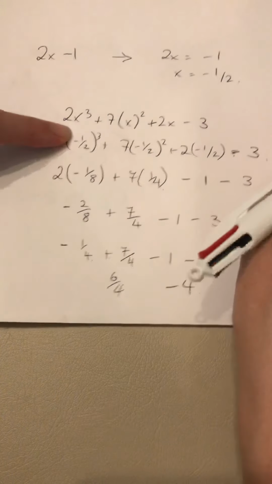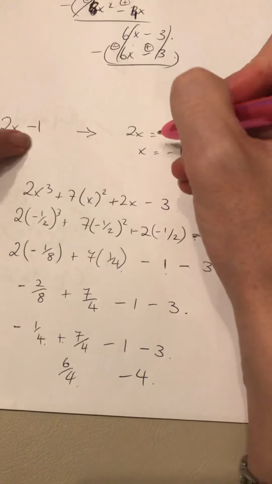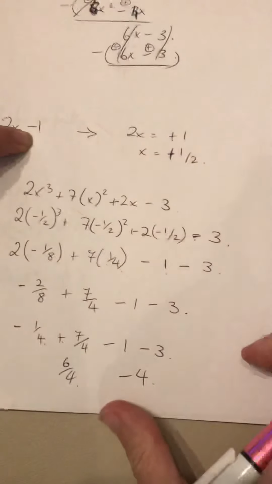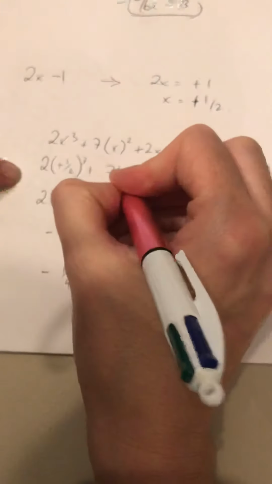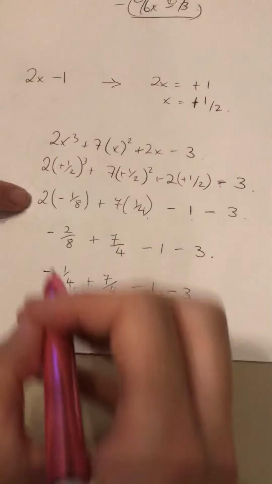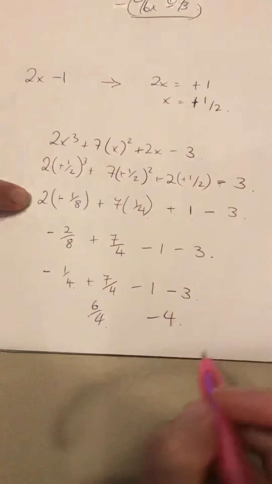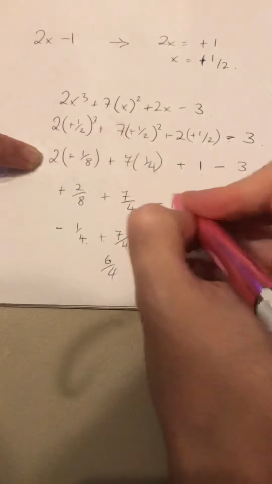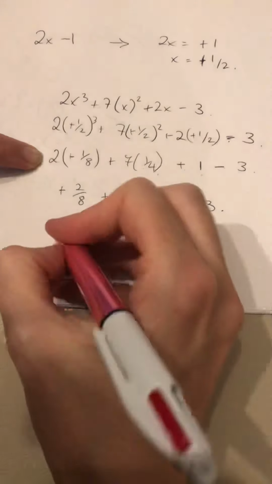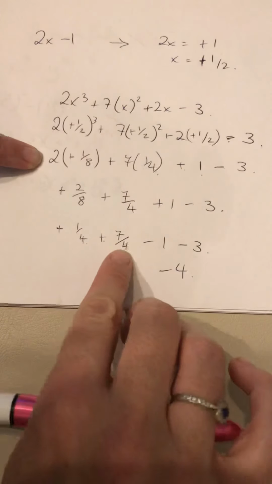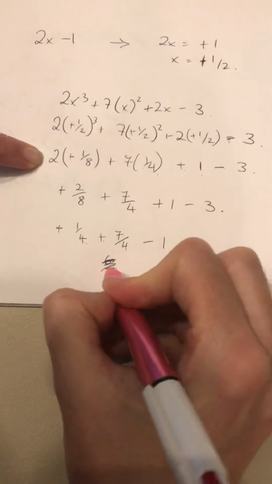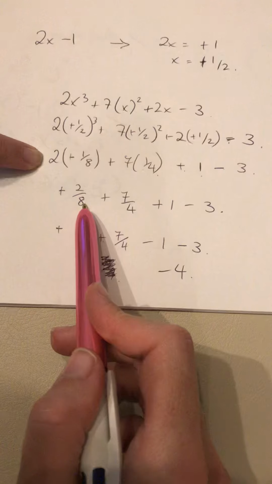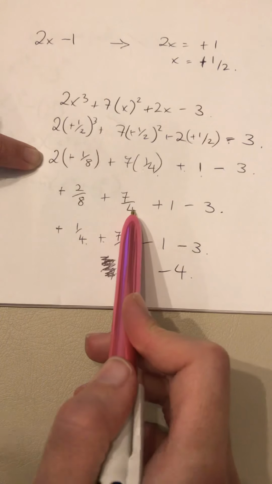Oh, my error is all the way back here at the start. It's a minus 1, comes over to be a plus 1. I'm not having a good... So that's 2/8 and 7 over 4.